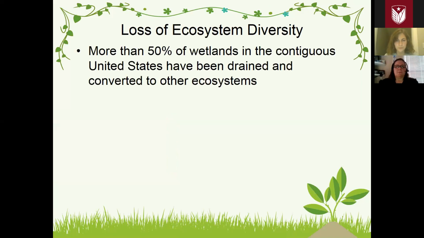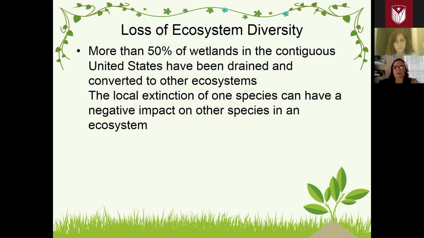So we've talked about species loss. This is talking about ecosystem loss. There actually are some ecosystems that have been threatened, and wetlands are certainly faced with some of the greatest threats. They are often drained or they are filled and converted into other ecosystems like agricultural crops, things like that.